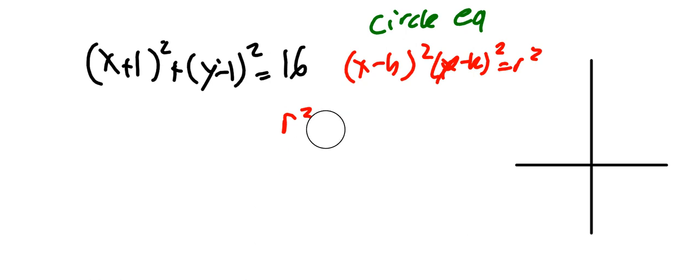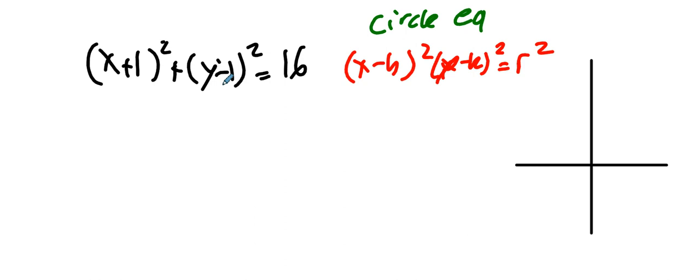But our circle is not going to be centered around the origin in this case, because we do have some other components. If it were centered around the origin, it would be x squared plus y squared, and there would be no other components. So our center is (h, k), but the signs flip. If the value is positive, then it's negative, and if it's negative, then it's positive.